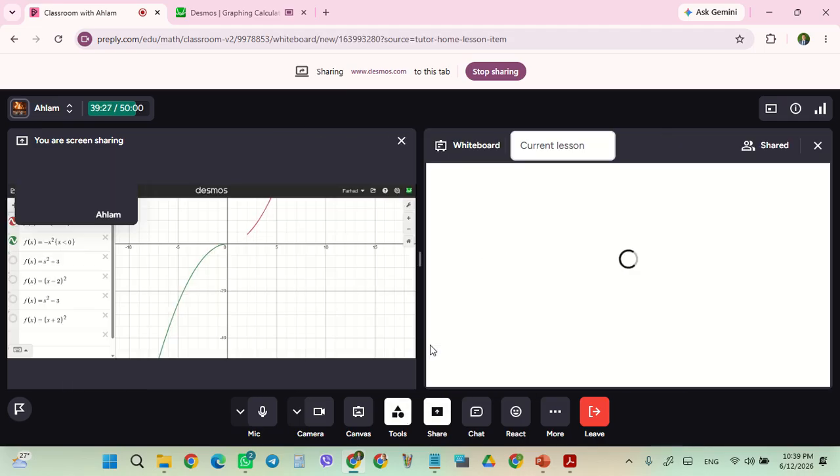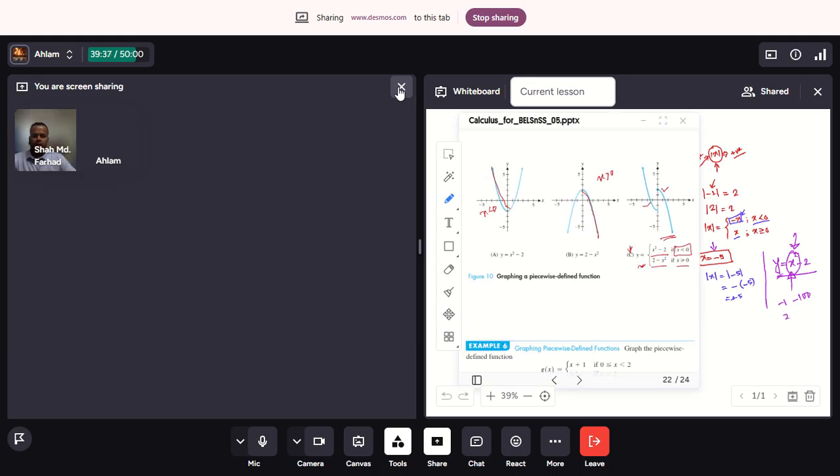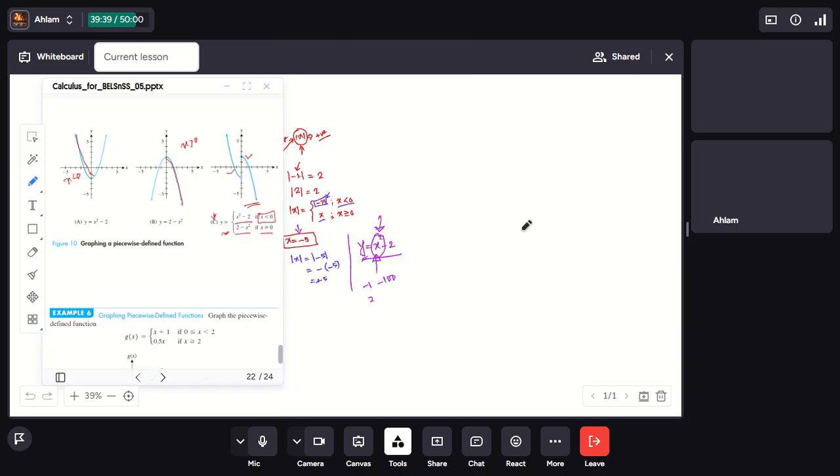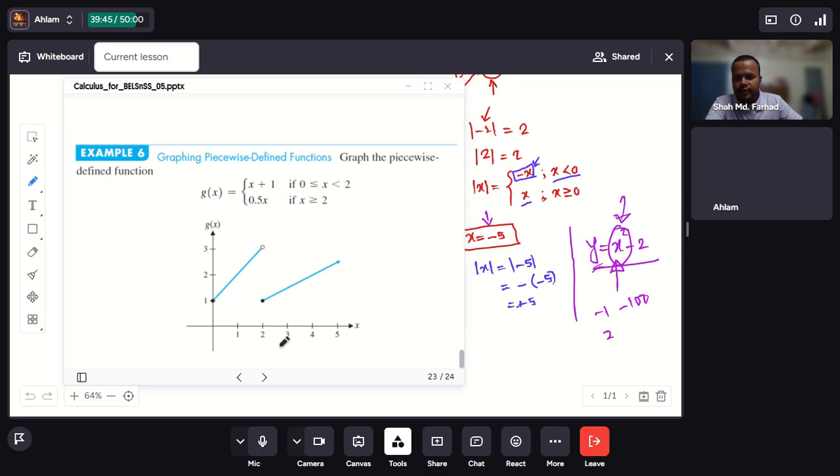So now if we move to our lesson, look at the example here. Graphing the piecewise defined function: g of x equals x plus 1 when the value of x is in between 0 and 2, where 0 is included.